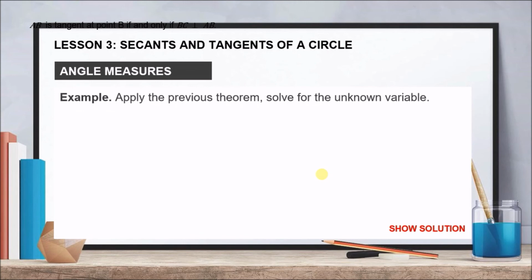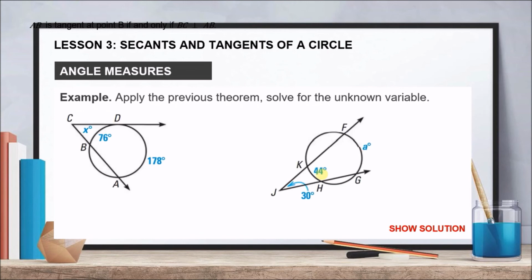Okay, applying our previous theorem, we will be solving for the angle x or yung mga unknown dito. Again, to get this x, kapag nasa outside yung angle natin, subtraction yung gagamitin natin para kunin yung half ng difference ng mga measure of arcs na gagamitin natin. So the difference is 178 minus 76.